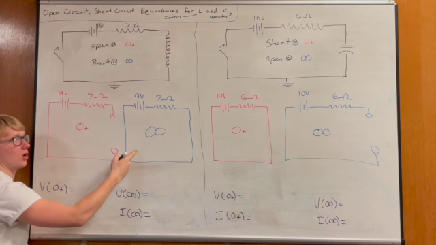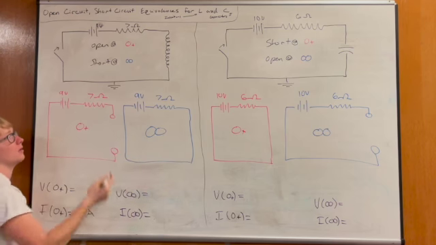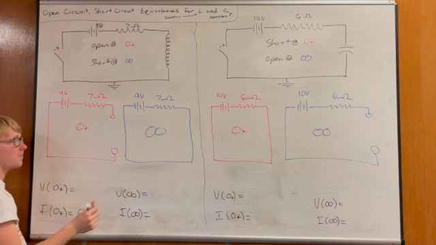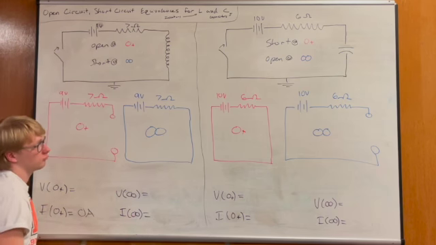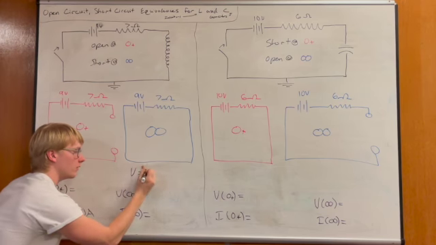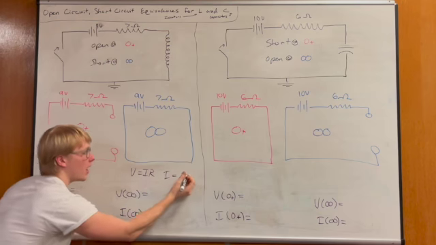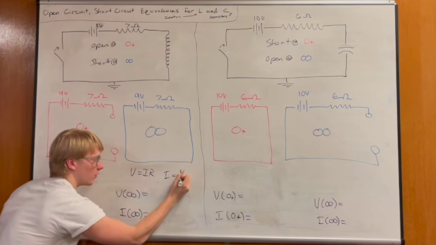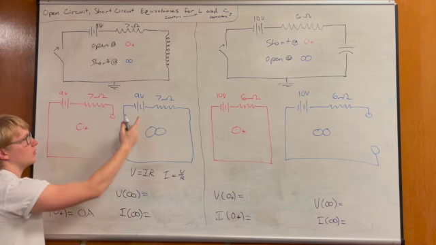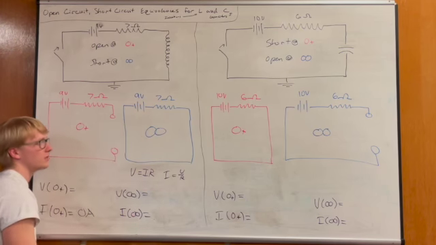And so after a long period of time in an inductor circuit, you will have a current, right? Because there is a loop, and it's related to this equation, V equals IR, which also says that I equals V over R. And so our voltage is 9 and our resistance is 7.